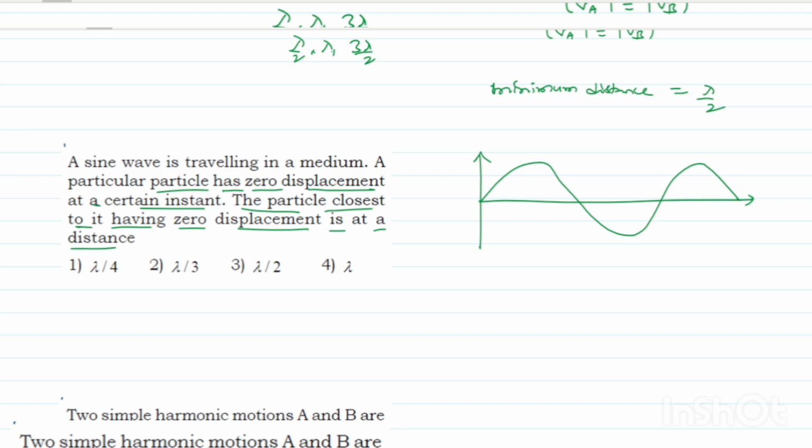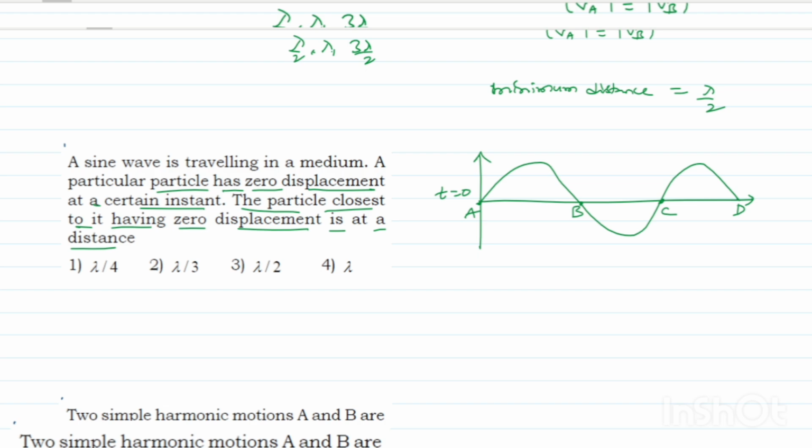Here a particle will have zero displacement. You can take this as A particle, this as B particle, C particle, and this as D particle. At time t equal to 0, A particle will be at the mean position and B particle also at the mean position.